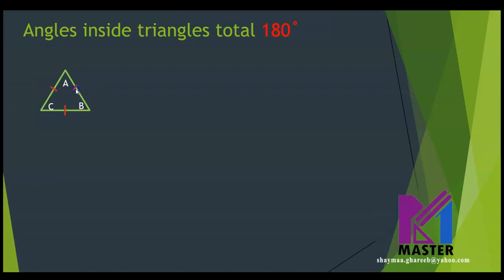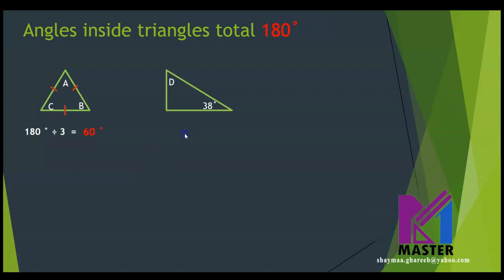The three sides are equal and also the three angles are equal in size, which means each angle is 60 degrees, because if I divide the 180 degrees by 3, it will give 60 degrees, because the three angles are the same. And as we said, the three angles inside any triangle equal 180 degrees.